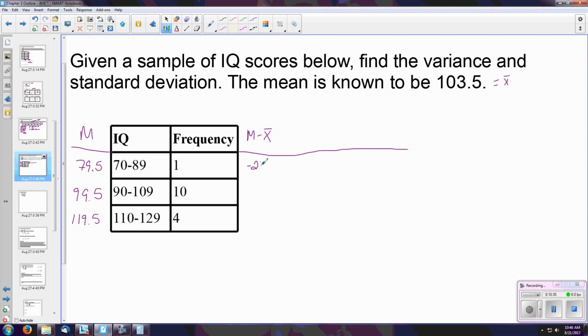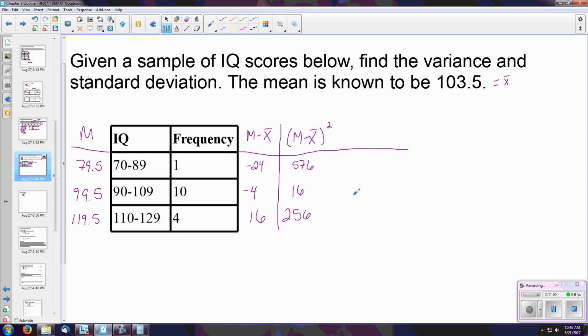That gives us negative 24, negative 4, and positive 16. Next, we're going to square each of those values, just like we did earlier. So negative 24 squared, we have 576, negative 4 squared, positive 16, and 16 squared, we have 256.